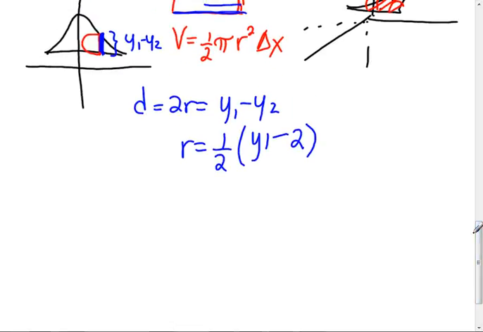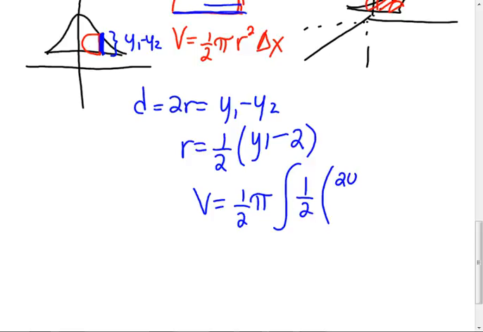Question, Christian? Did you get it figured out? 1/2 pi. Okay, put your little integral sign in there, and it's going to be 1/2. What's y1? 20 over 1 plus x squared. If I've defined it, you can just leave it like this. Minus 2, and then what do I have to do with this? Square. Do I have to square the 1/2? Yes. Why do you have 1/2?